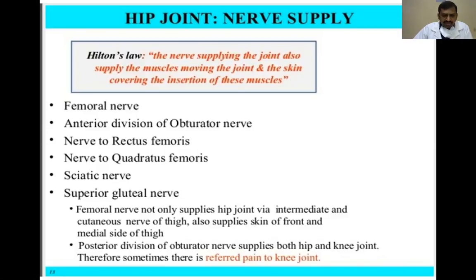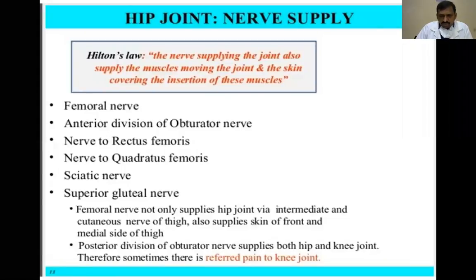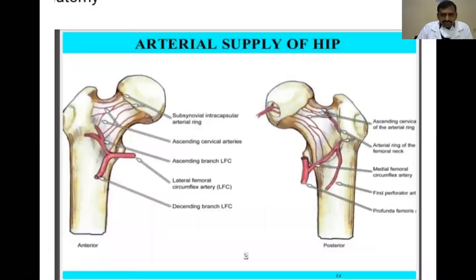Due to pelvic, that is ovarian or uterine pathology, the obturator nerve may be compressed, and because of this there may be chronic referred pain in the knee joint without any structural deformities. We have to suspect uterine or some pelvic pathology, and we have to rule out the pelvic pathology. That is the important clinical point.